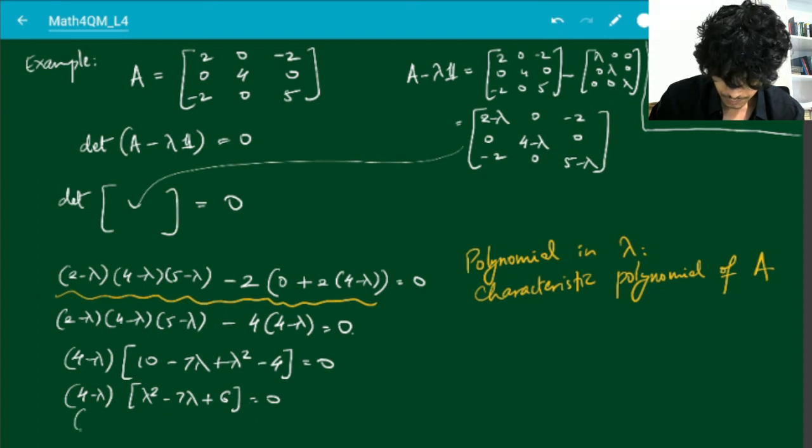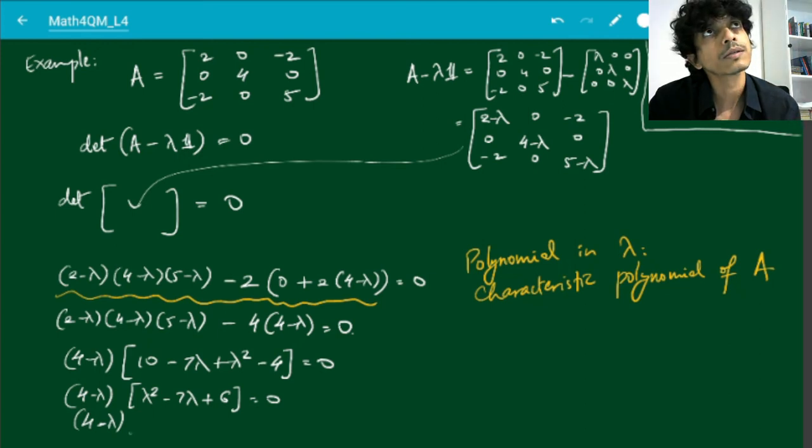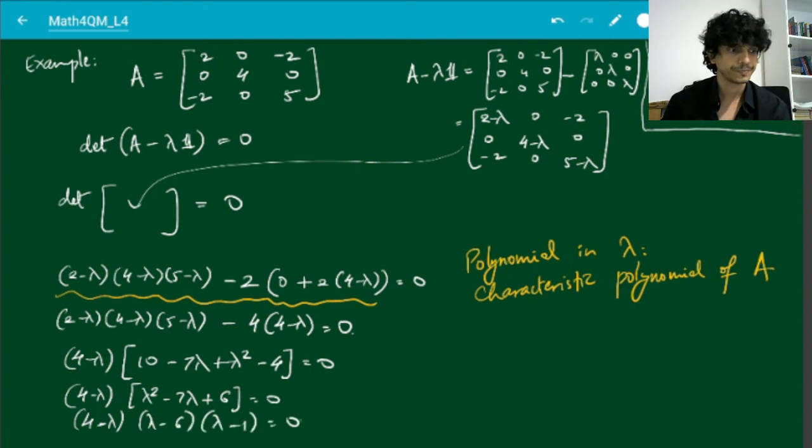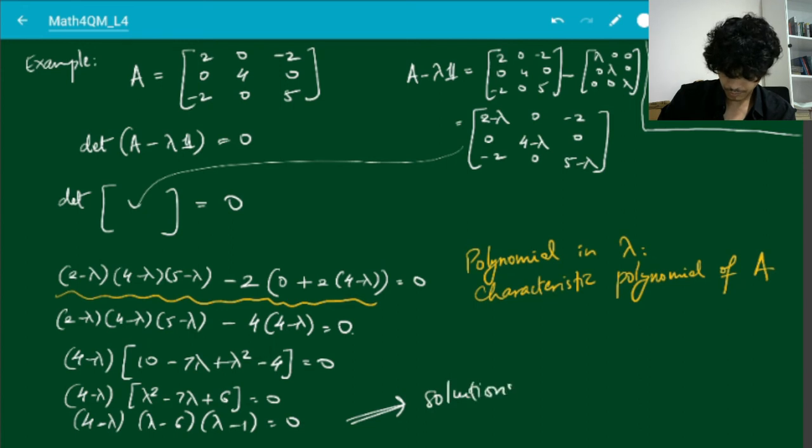Therefore 4 minus lambda, what are the solutions of this? Minus 6 minus 1. So lambda minus 6, lambda minus 1 is equal to 0. So therefore this has three possible solutions. The first solution is lambda equal to 1, or second lambda equal to 4, or lambda equal to 6. So these are the three eigenvalues of this matrix.